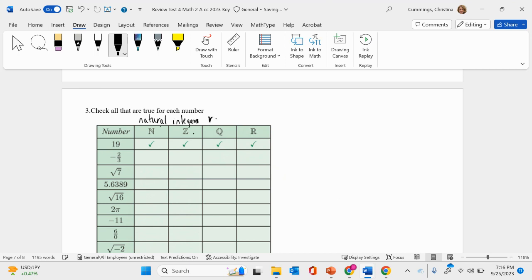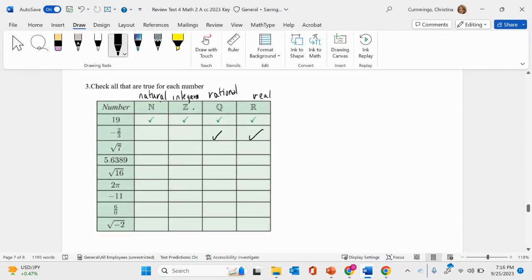Q is rational and R is real. Okay, this is not natural. It's not an integer. It is a ratio. It's real. Okay. The square root of 7 is not a whole number, so it's not natural. It is not a whole number or a negative number, so it's not an integer. It can't be written as a ratio, but it is real.